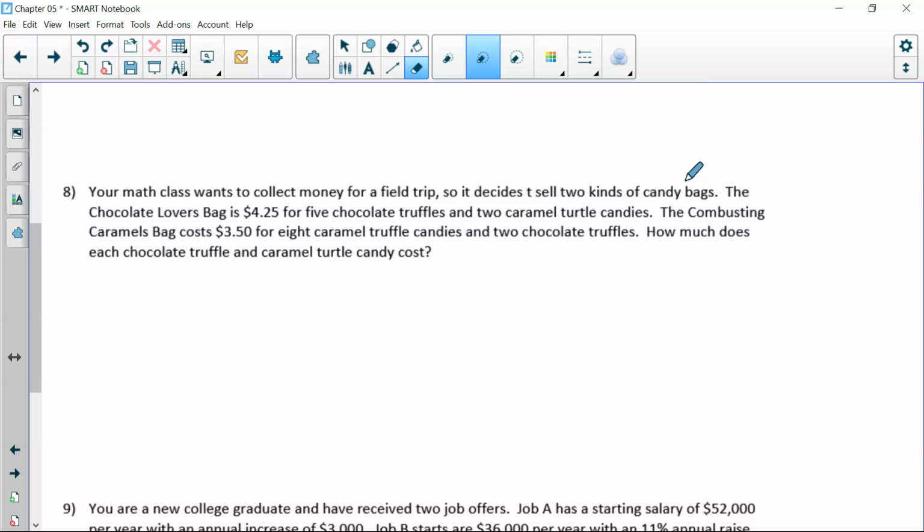How much does each chocolate and each caramel cost? Those are our variables. X is the cost of a chocolate truffle, and y is the cost of a caramel turtle.